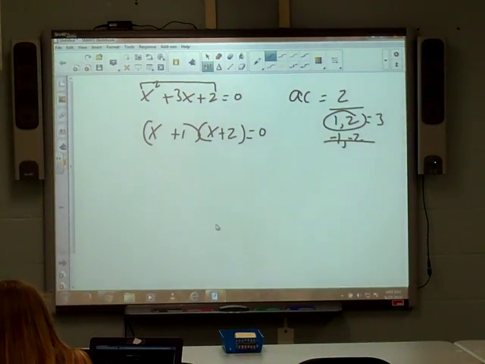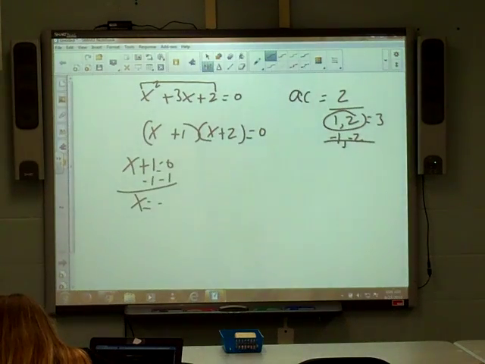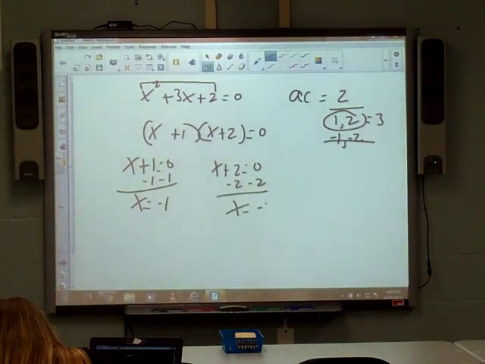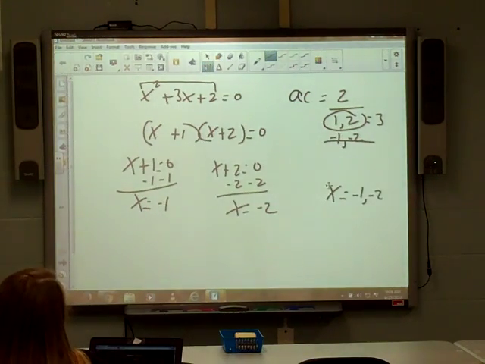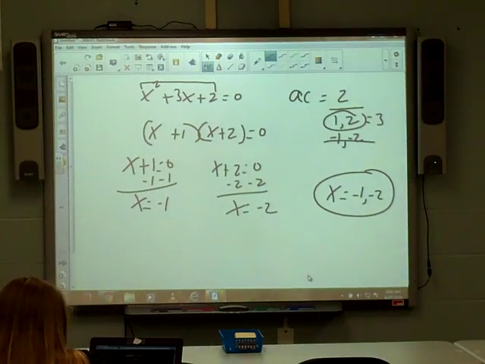But we're solving quadratics, so we've got to go a couple of steps farther to solve both of those factors. Just set them individually equal to 0. X plus 1 equals 0, so negative 1 is one of our answers. X plus 2 equals 0, so negative 2 is our other answer. That's it.